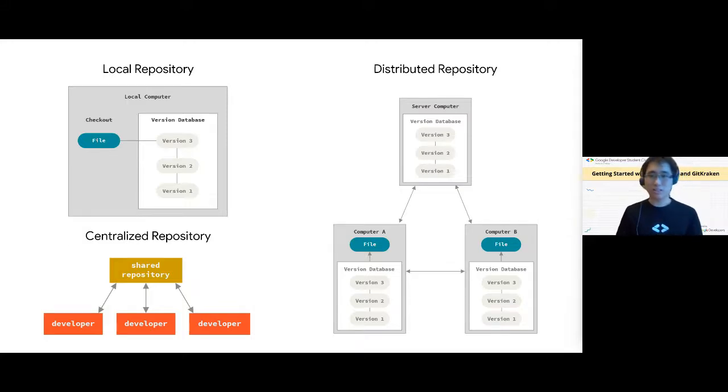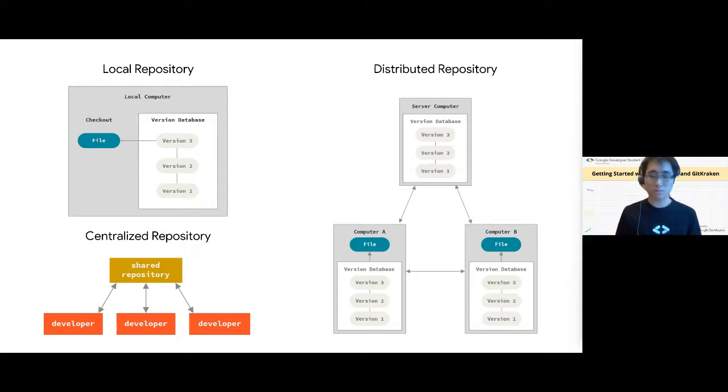And then the next one is a distributed repository, which is what Git is lah. So in a distributed repository, we have a main server computer that basically has a backup of everything. In Git terms, we call it the origin. So this server computer acts as a source of truth. And let's say computer A kena a virus, and it changes some history and pushes it to the server computer.